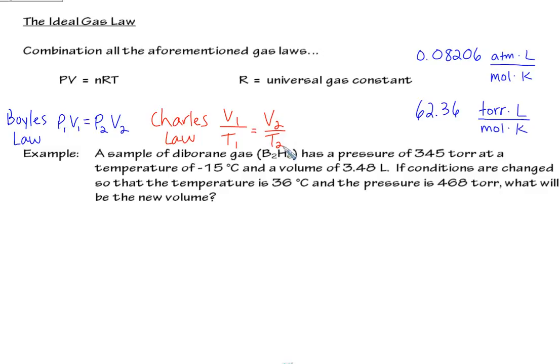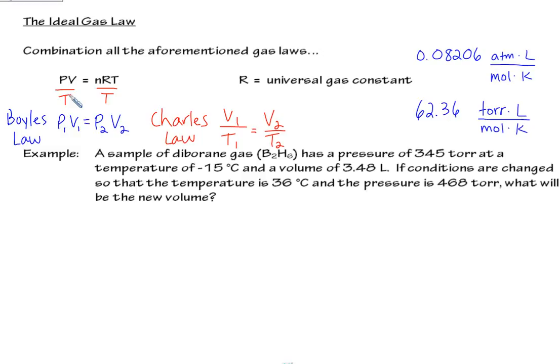If you do a little algebra and condense all the variables that remain constant, let's say I divide this by temperature, divide this by temperature. Oh yeah! Volume and temperature are directly proportional. Volume divided by temperature should equal a constant as long as I keep moles and pressure the same.